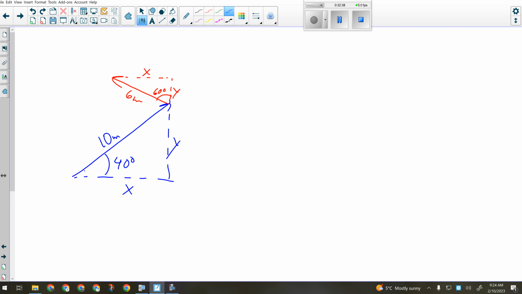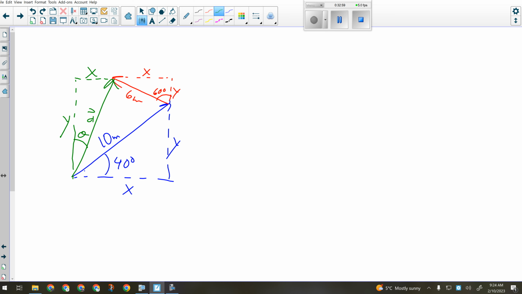It always goes from the beginning to the end. So that green line would represent my total displacement. That would be my vector. That would be y, and that would be x.